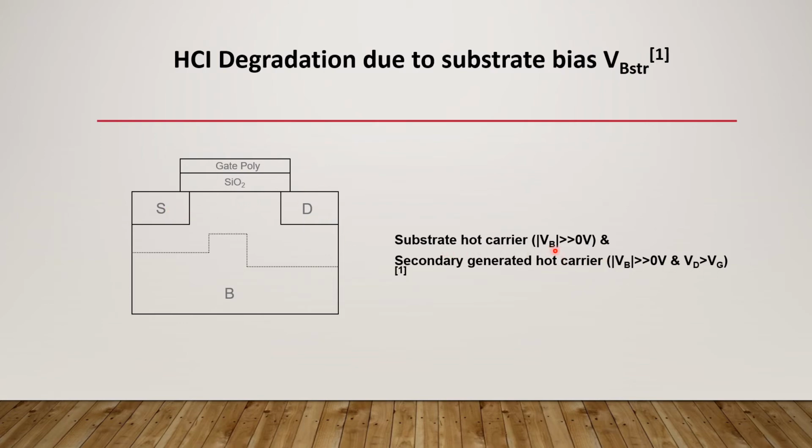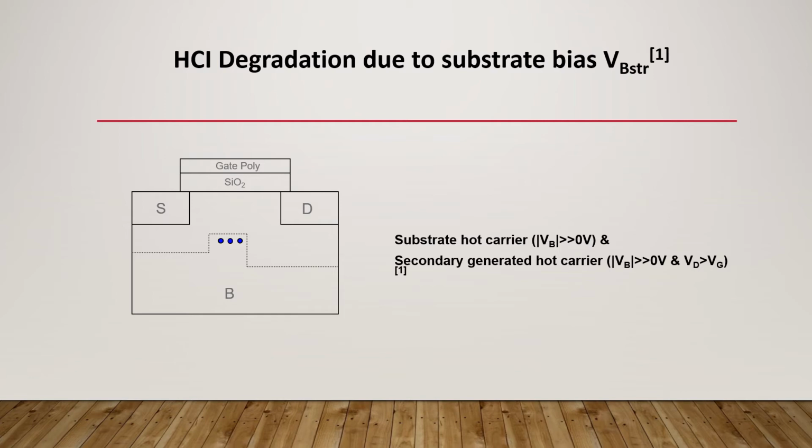Let's say the magnitude of VB is very, very much greater than 0 for NMOS, and there is also an existence of secondary generated hot carriers, which we'll see in the animation. So let's say you have an abundance of electrons coming from the external source, because the holes are getting recombined here, so that is attracting electrons from the supply, right?